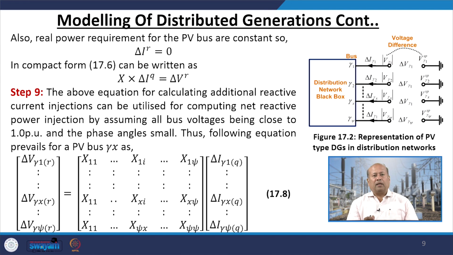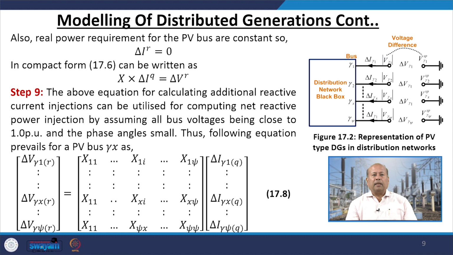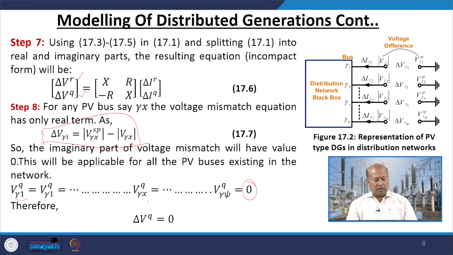So, delta IR for the PV bus is considered to be 0. So, previously we have seen delta VQ is 0 and delta IR is also equal to 0. So, in compact form 17.6 can be rewritten as X times delta IQ equal to delta VR. So, the previous equation is now simplified.